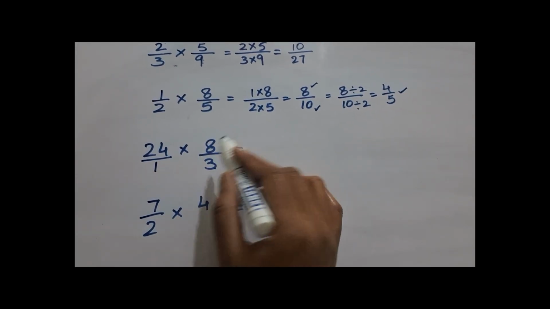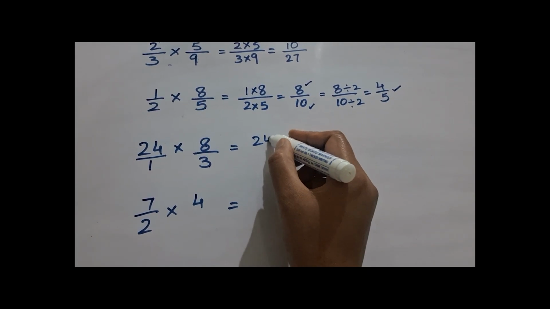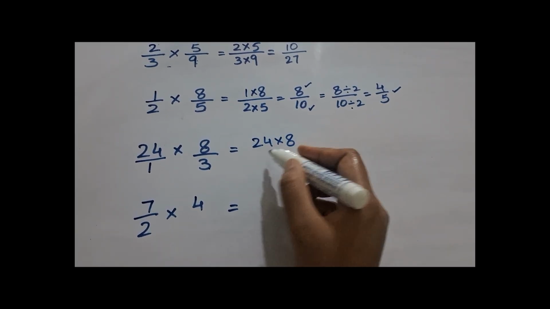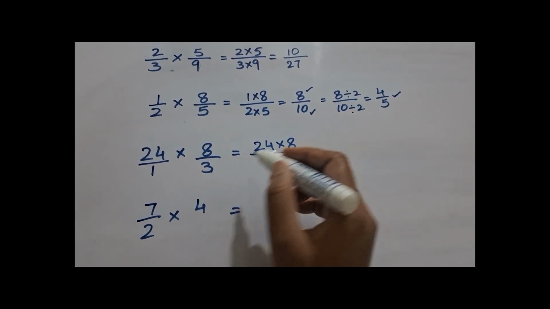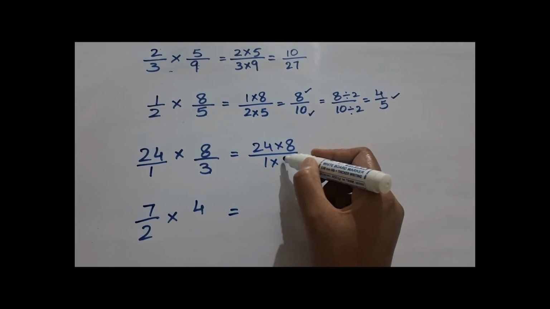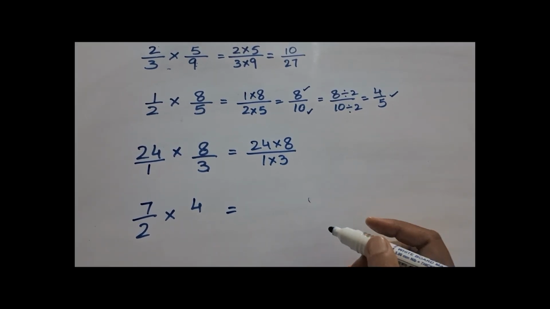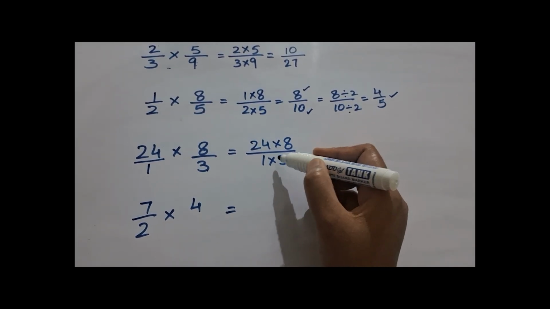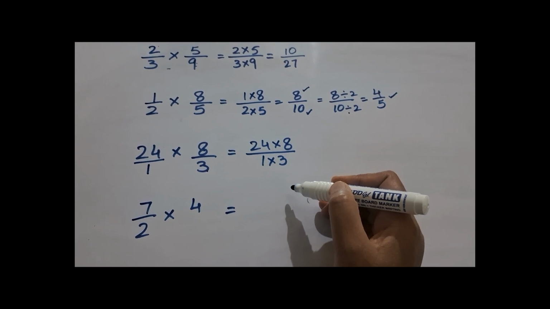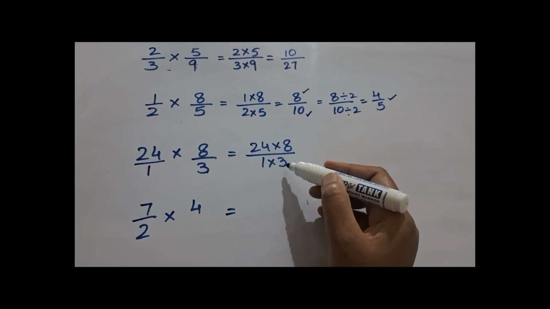Here numerator into numerator, 24 into 8 by denominator into denominator, 1 into 3. Okay, children. But before multiplying these two numbers, we can simplify here itself.